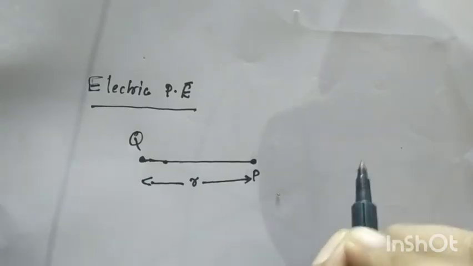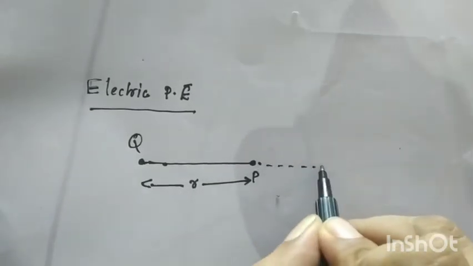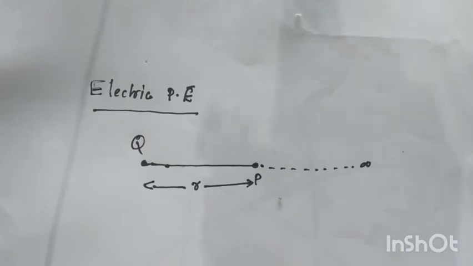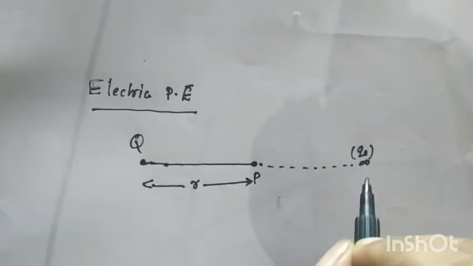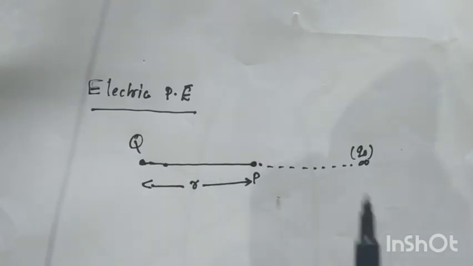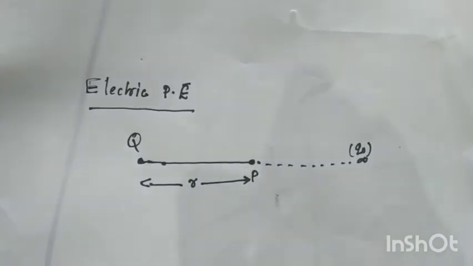Imagine this is infinity, and there is a charge Q0 at infinity, and I want to bring this Q0 towards the point P.